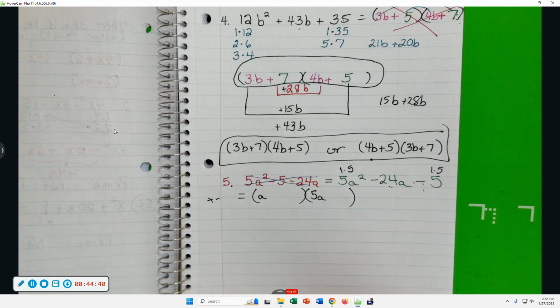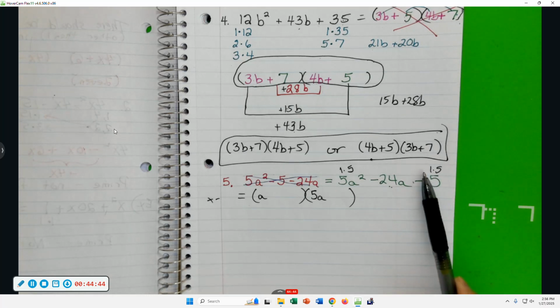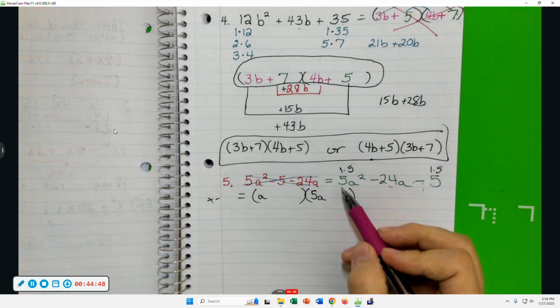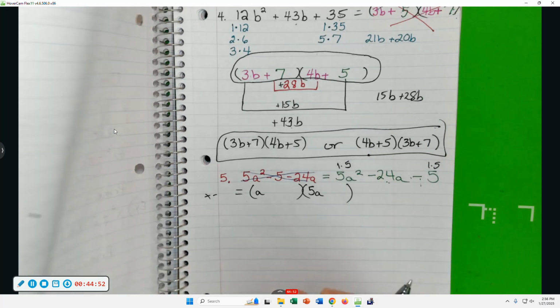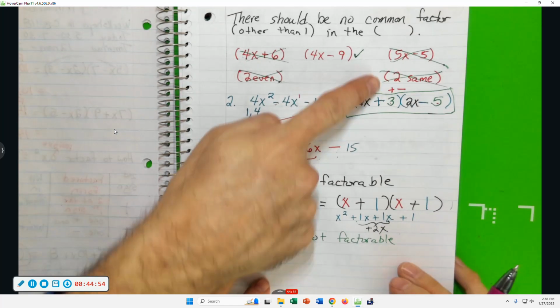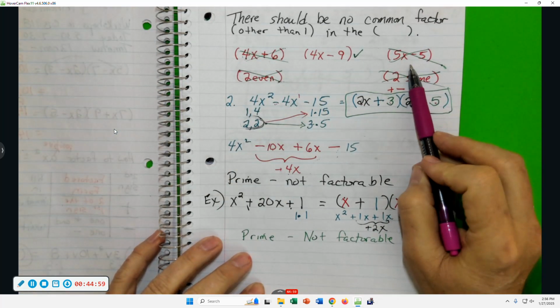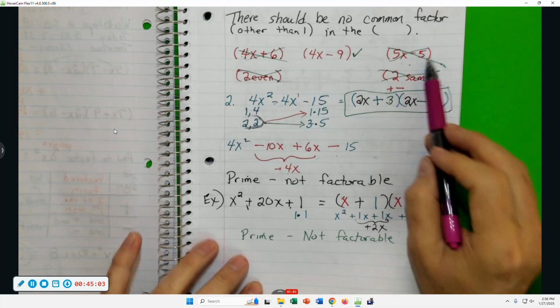And now, for this 5, we're going to have to use a 1 and a 5. Here's my question. Can I put the 5 right here in the second parentheses? What did I say? You cannot have a common factor inside the parentheses other than 1. 5x minus 5x, you can't do that.